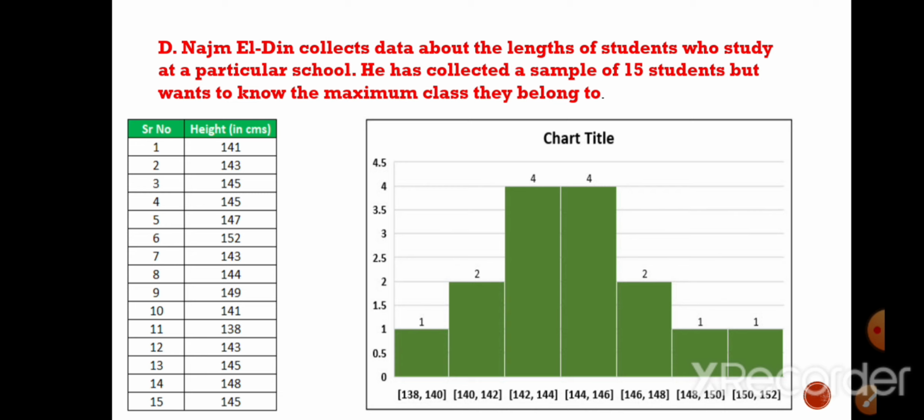On the x-axis we have the range of height. For example, the first bin range is 138 cm to 140 cm. Finally, we can see that the highest number of students on average is in the range of 142 cm to 146 cm.